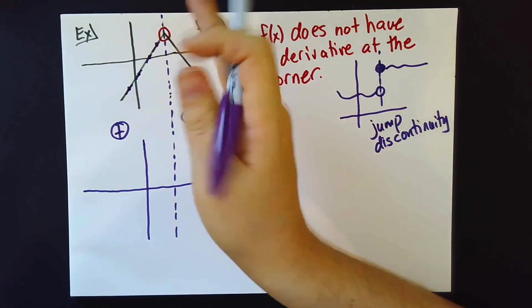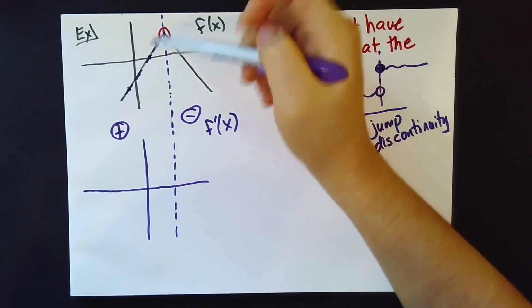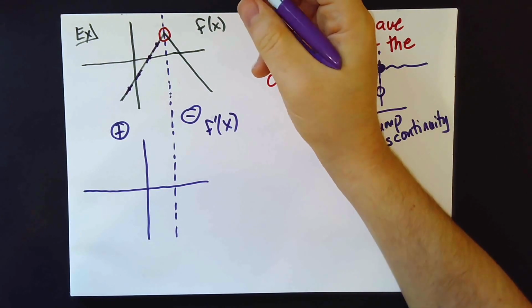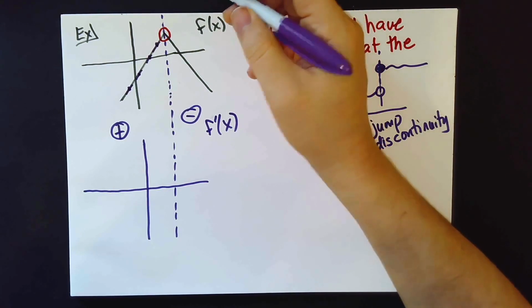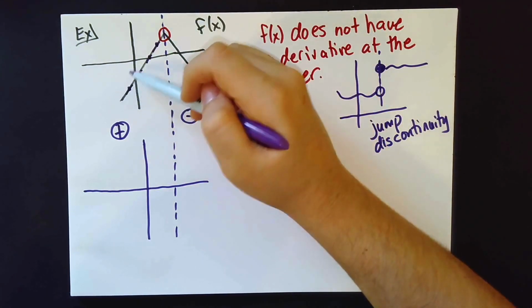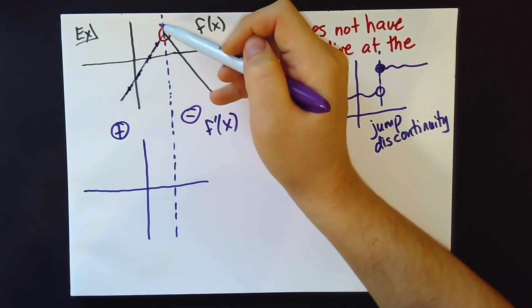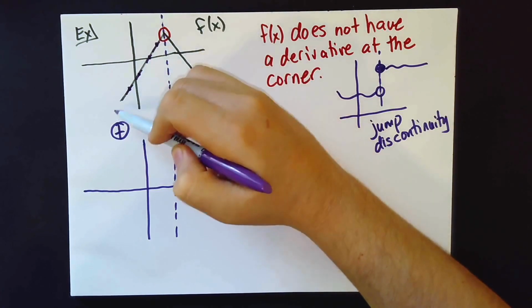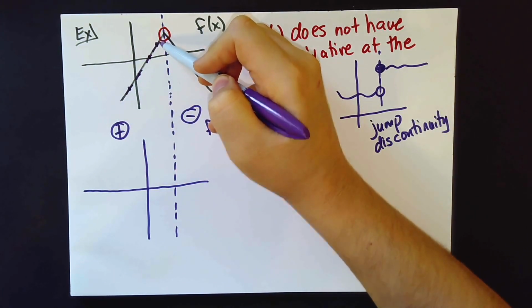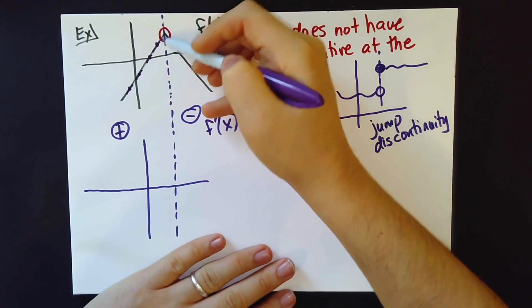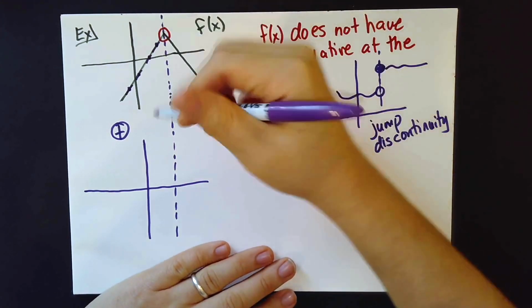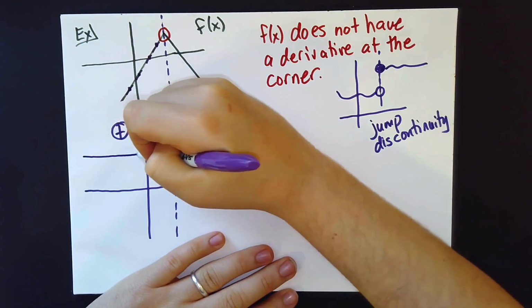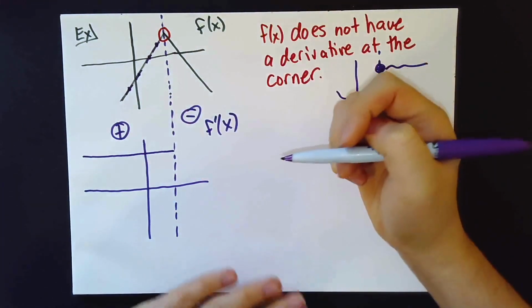Because again, in this left-hand universe, the graph of f is just a line, and so the tangent line, or the line that goes in the same direction as the line, is actually the line itself. And so the derivative of this function everywhere is just the slope of this line. And so that means that in fact the derivative is actually a constant positive number over here. So the derivative graph looks like this, just a flat line.